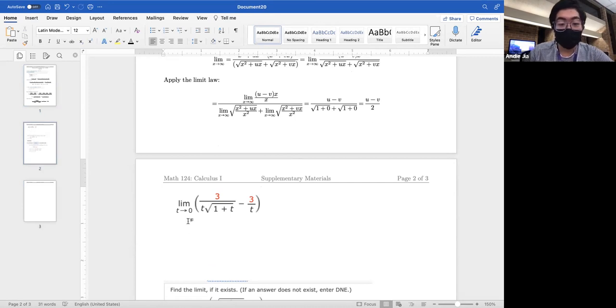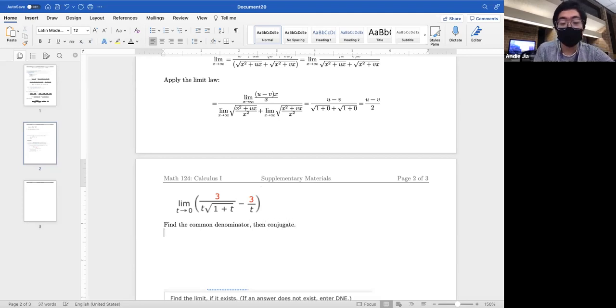Let's do this. You need to find the common denominator and conjugate to evaluate the limit.